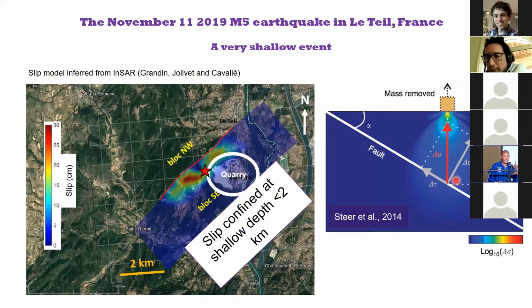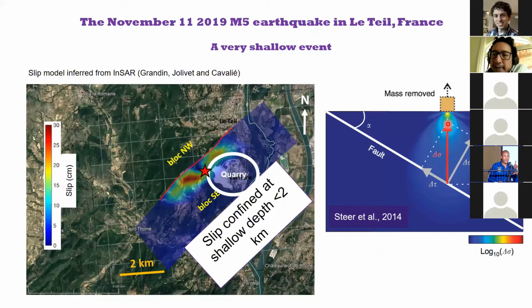But if the fault is very close and has a very shallow dip angle, so it's very close to where you remove the mass, there's a chance that those stresses do affect the fault. It turns out that the sign of those stresses does favor reverse faulting, and that's what was observed in this earthquake. It's a reverse faulting earthquake.